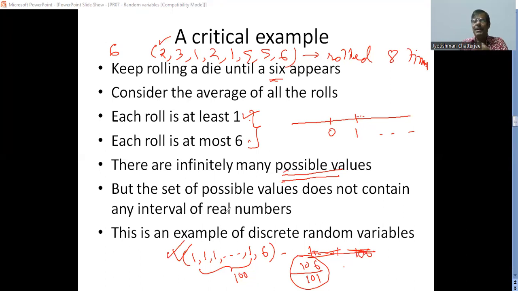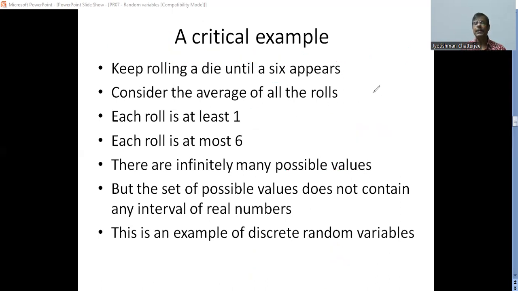And here we are just observing the set of possible values. Now, the question is, does it contain any interval of real numbers? That's the question. Does it contain any interval of real numbers?